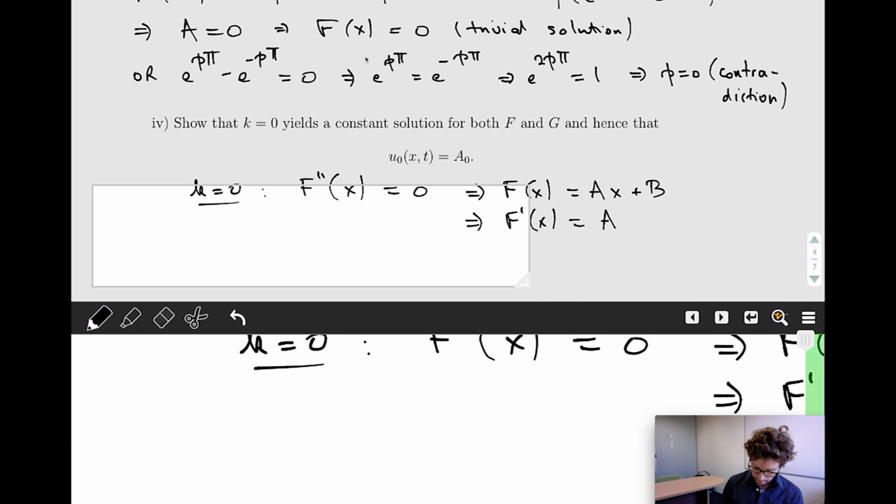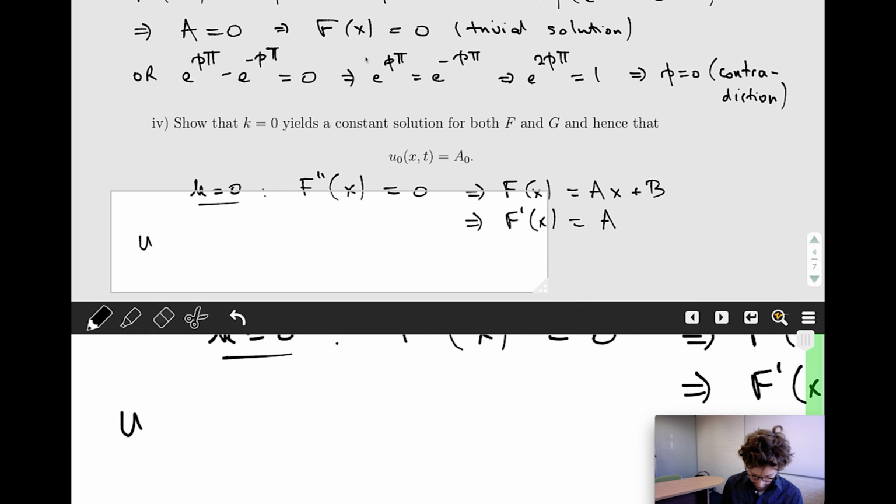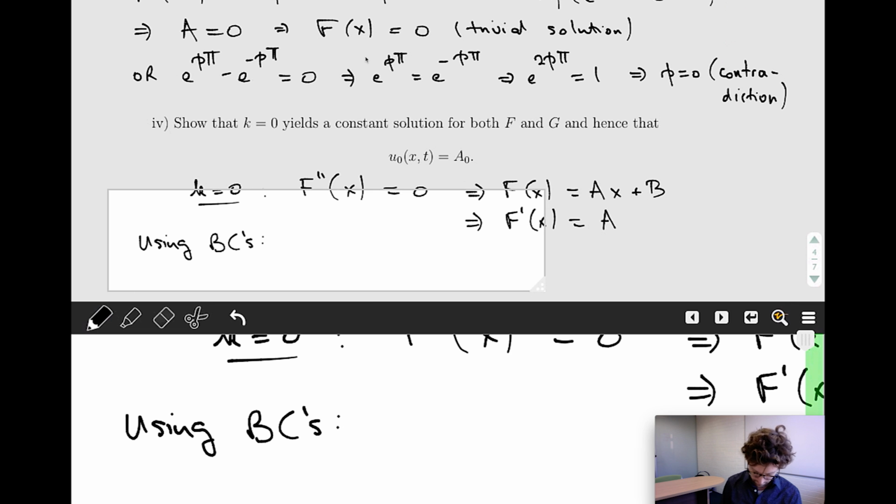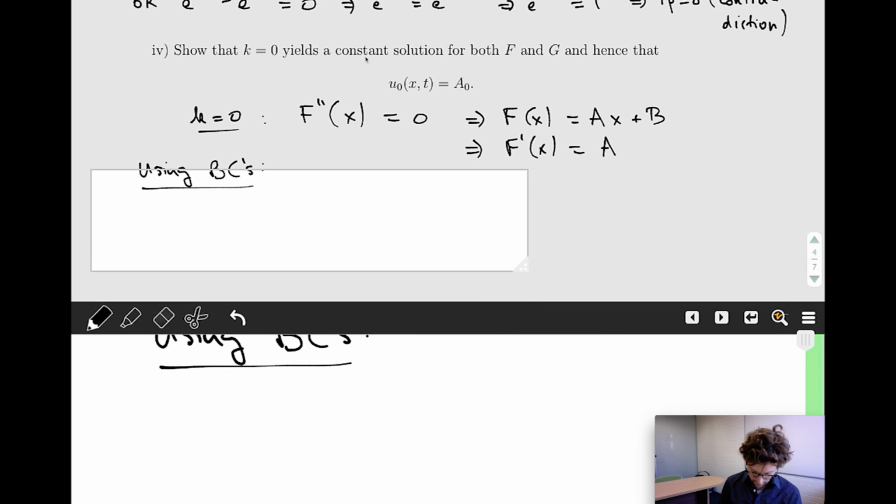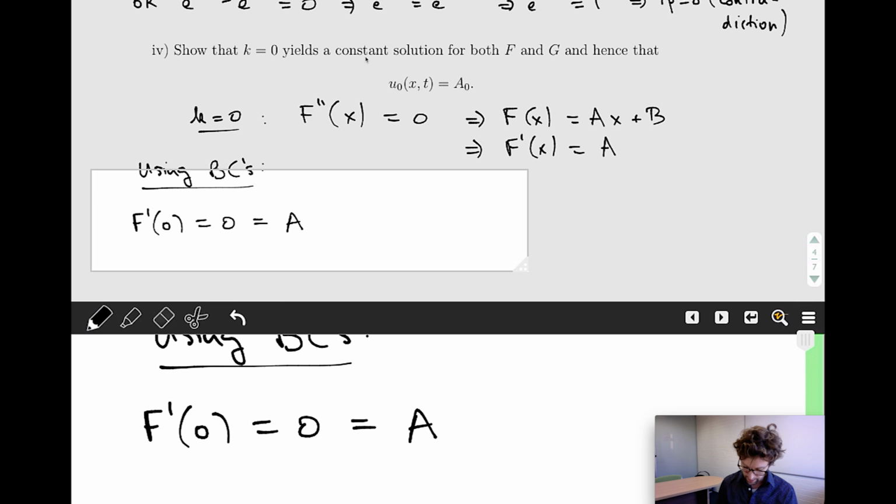Now if I put my boundary conditions in, I've got the boundary condition at f prime at x is equal to 0 is equal to 0, which gives me a is equal to 0.